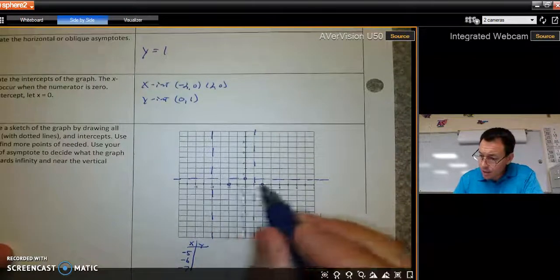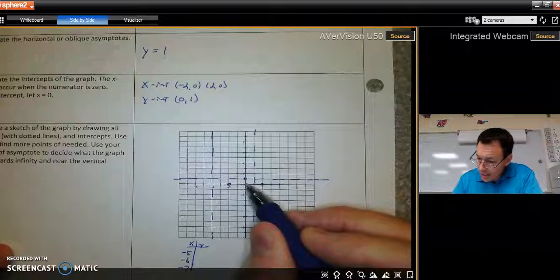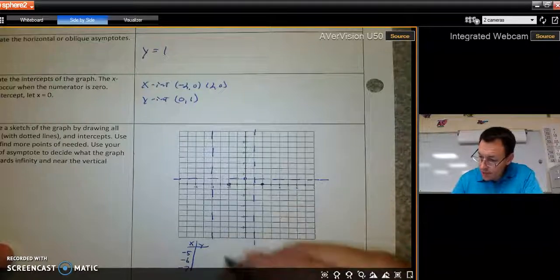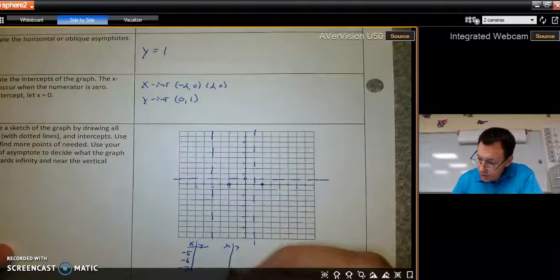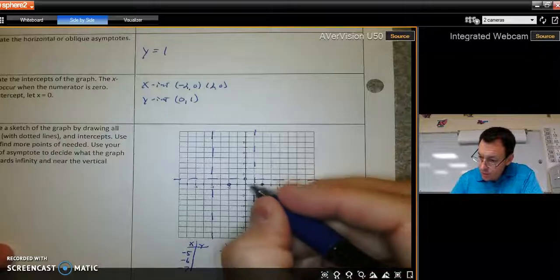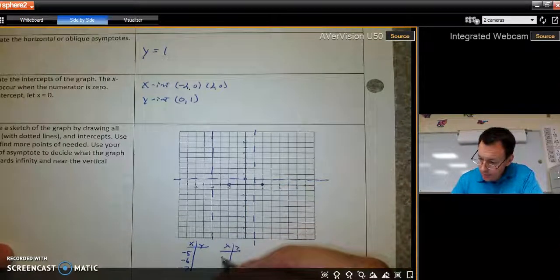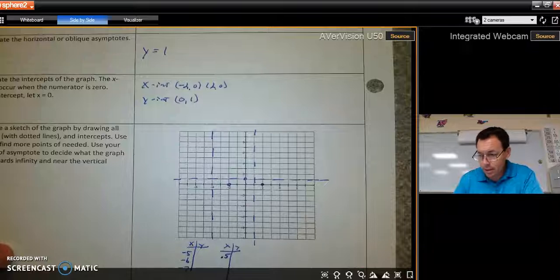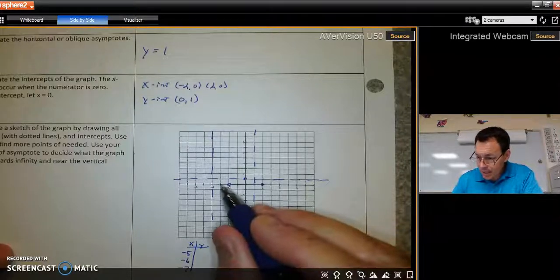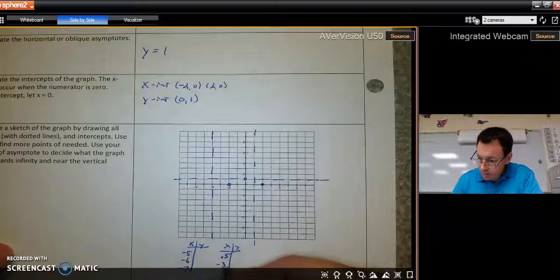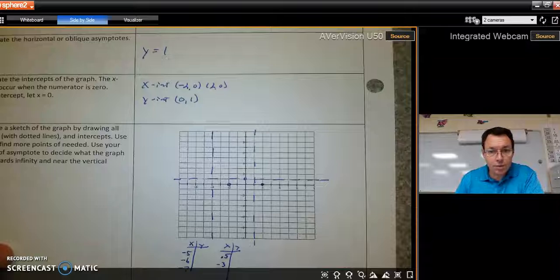Same thing here. I know what happens when x equals 0. I know what happens when x equals -2. But I could do a little t-chart to figure out maybe what happens right here at like 0.5. That may be important to me. What happens at -3? I may want to know that as well.